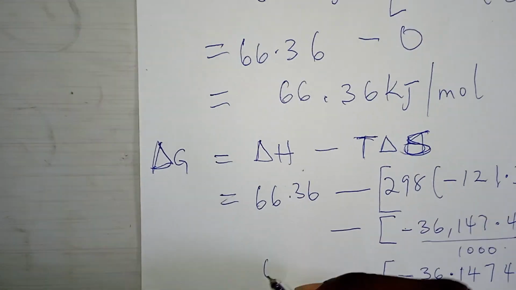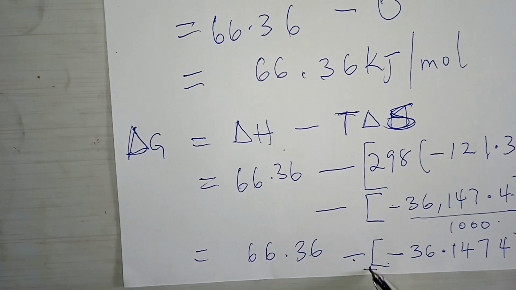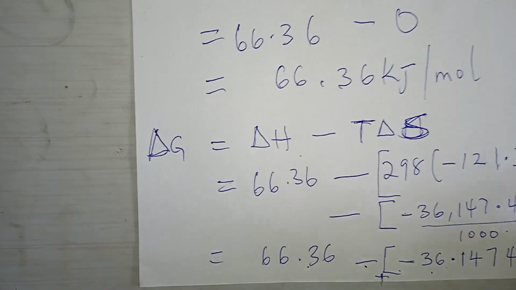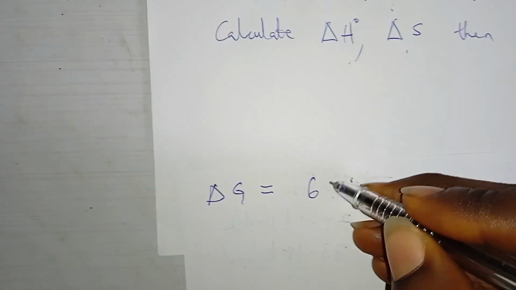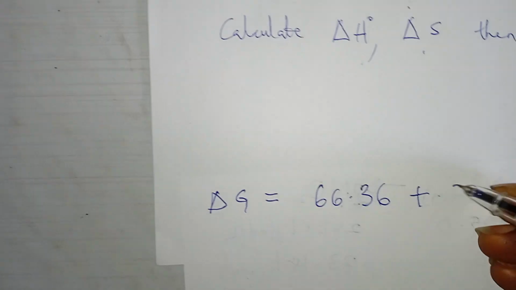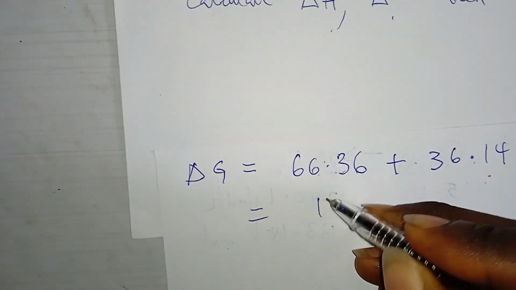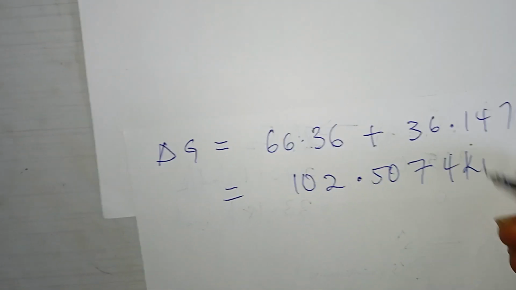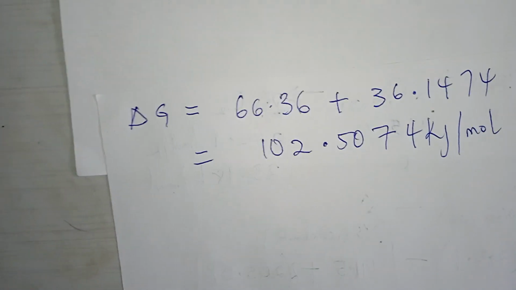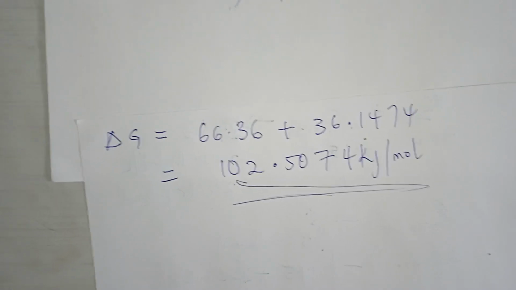So minus 66.36, so minus will change to plus. So add these two up. You have that Gibbs free energy is equal to 66.36 plus 36.1474, which is equal to 102.5074 kilojoule. That is my answer. That is my final answer.